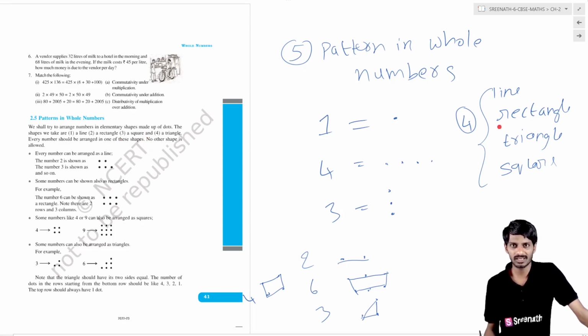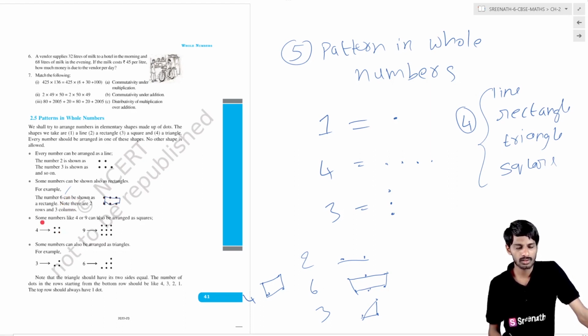Only in between these shapes. First, the number 2 can be represented as a line, and the number 3 can also be represented in a line. Now we have to represent rectangles. For that we take 6 dots, and you represent it as a rectangle. So 1 2 3 4 5 6, it is a rectangle.